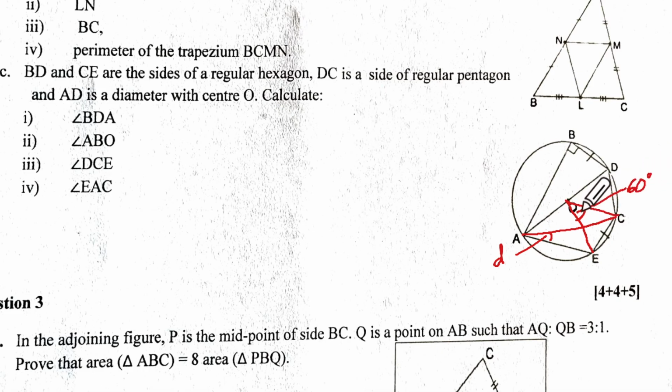You remember this was 60. Can you see the angle at the circumference made by this chord or this arc? And this is the angle at the circumference. So D is going to be equal to half of 60 degrees. So that will be equal to 30 degrees, because the angle at the circumference is half the angle at the center.